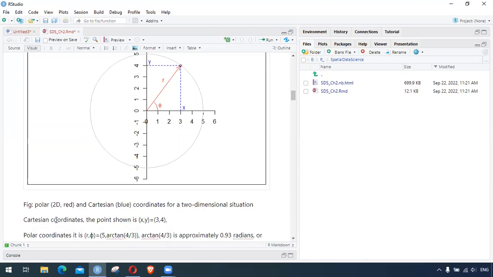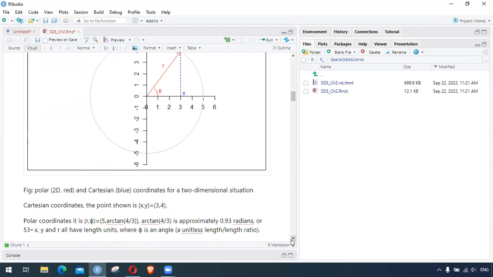In the Cartesian coordinates, the point is as shown here by x, y, that is 3, 4. And for the polar coordinates, we have the angle, and we have this length, or the radius in this case.